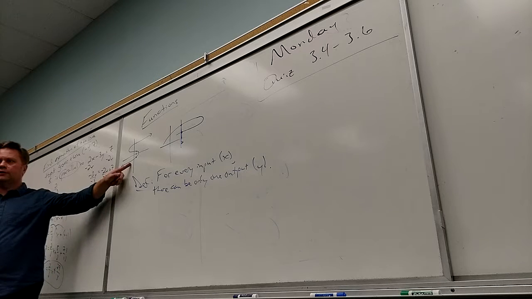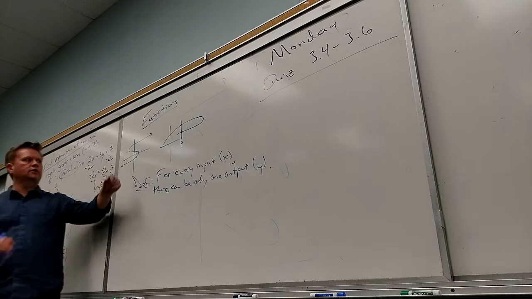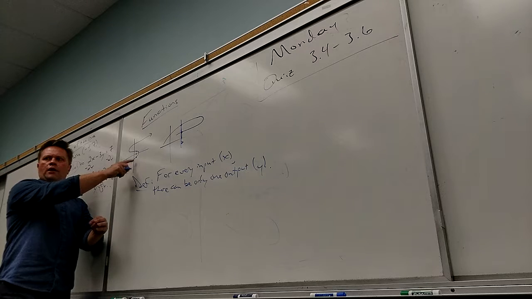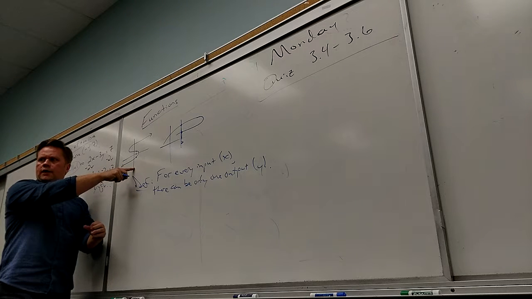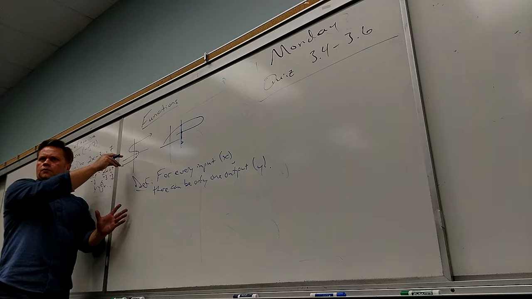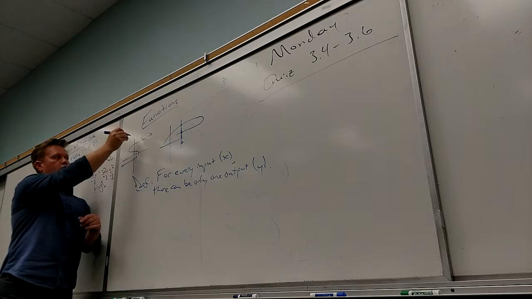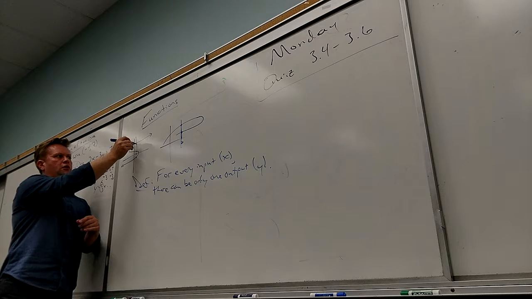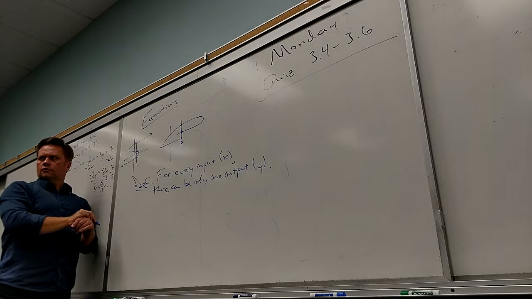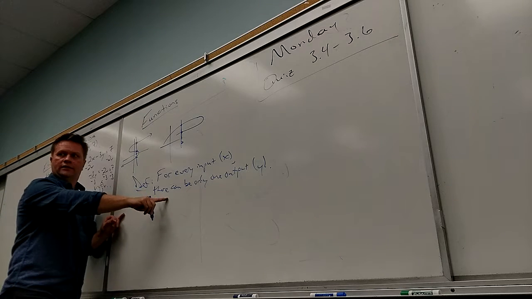Graphically, it's really quick to tell. Why is this not a function? What's the quick way to say it visually? If I draw a vertical line, it goes through more than once. How does that relate to this?